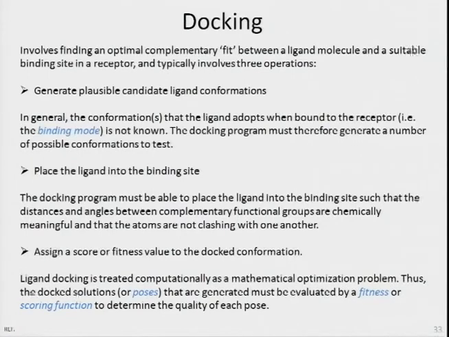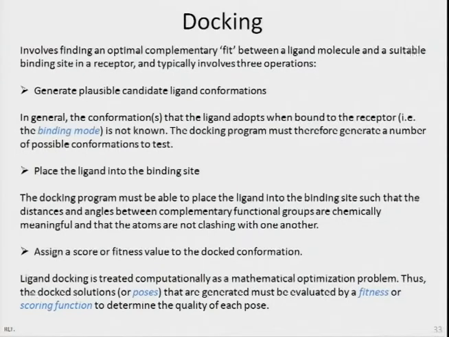Okay, so the second thing that the docking program has to do is place the ligand into the binding site. It must be able to place it in the binding site such that the distances and angles between the complementary functional groups are chemically meaningful, and that the atoms are not clashing with one another. And the third thing that it has to do is tell which conformations are good and which ones are bad.